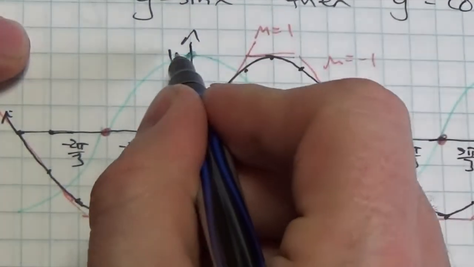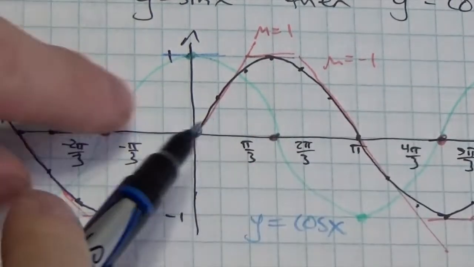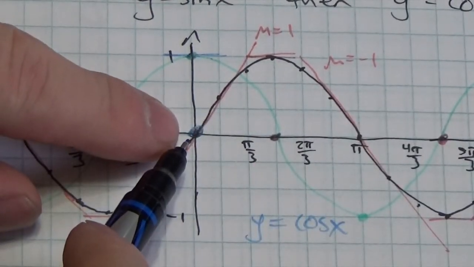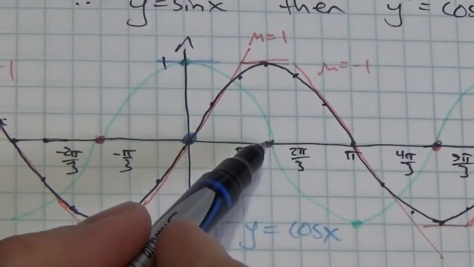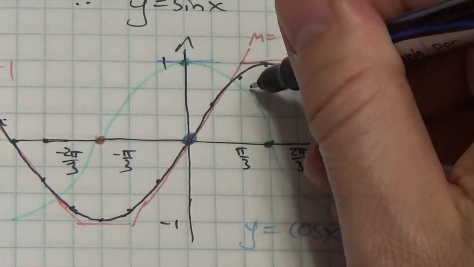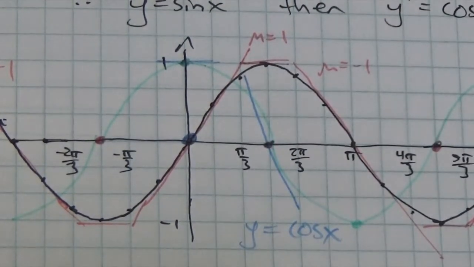So notice that the slope of the tangent line to the cosine curve is 0 right here. So my derivative is going to go through there. Doesn't that kind of suggest a sine function? Except that the slope of the tangent right here is going to be -1, because it's dropping down.